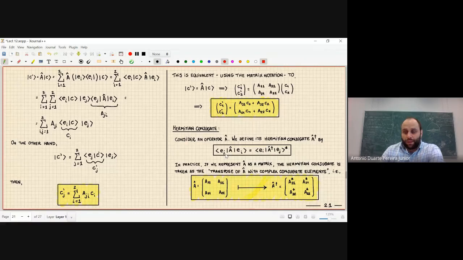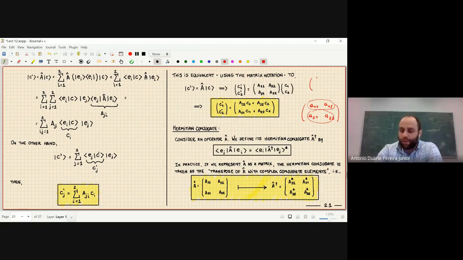If I have a matrix, imagine that I have a matrix which is A11, A12, A21, A22. You know that there is what we call the transpose of this matrix, which essentially means transform this row into a column and transform this row into a column.